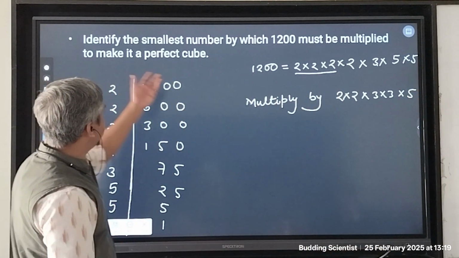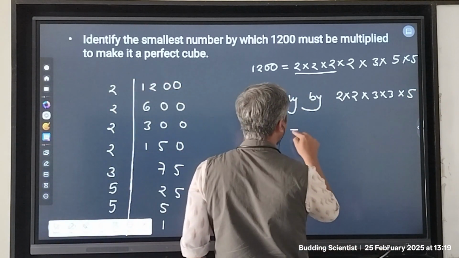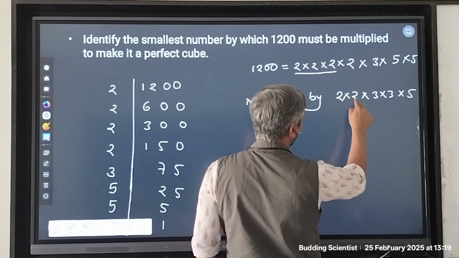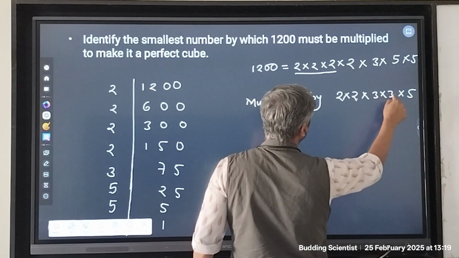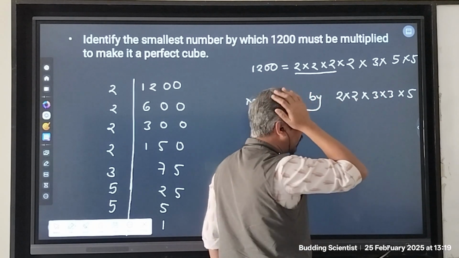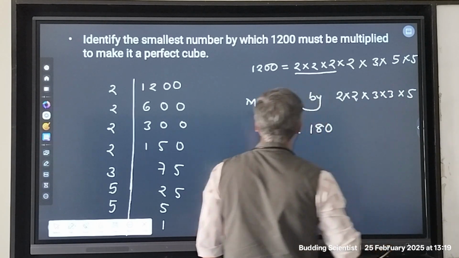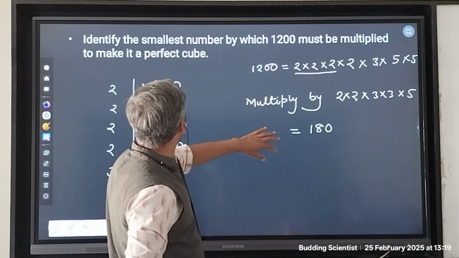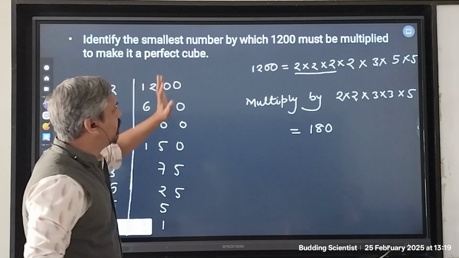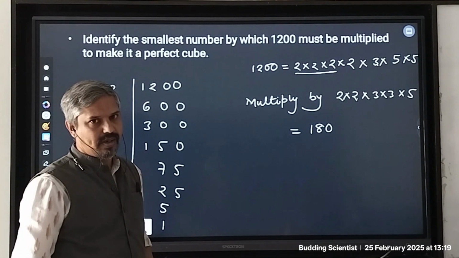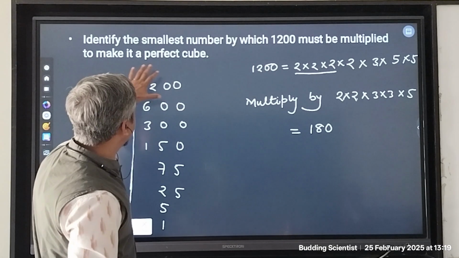So the number to be multiplied by is 2 into 2 is 4, 4 into 9 is 36, into 5 is 180. So the number must be multiplied by 180 and only then it will be a perfect cube. This is the answer of this question.